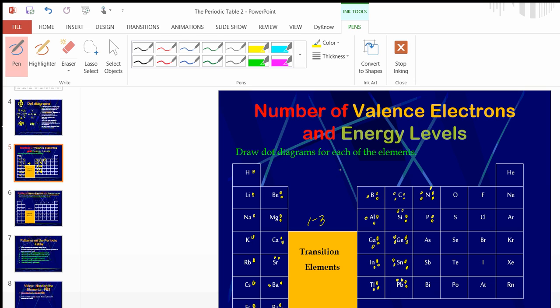This group will have 5. And I really encourage you to draw all these, and think about what you're doing. Think about how many electrons these have. I think that it can help you to remember the information if you do that.